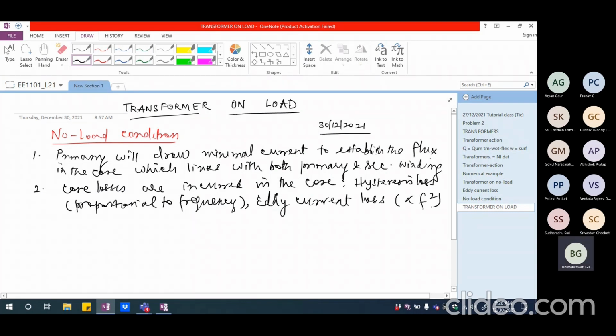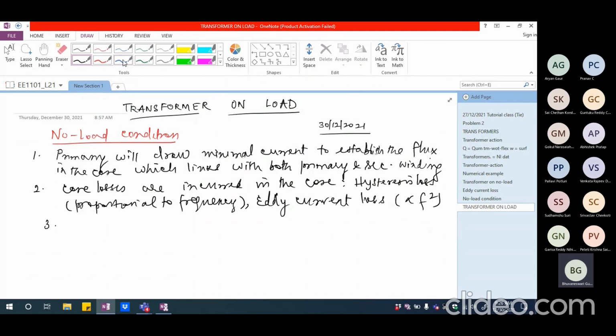And because of this, we said that the minimal current which is drawn during the no load condition, or open circuit condition of the secondary, will consist of two components of no load current, I0.